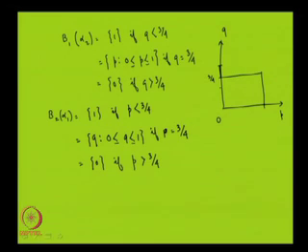So, let us suppose this is 3/4 value of P. Then if P is less than 3/4, Q is equal to 1. If P is equal to 3/4, Q can take any value, and if P is greater than 3/4, Q is equal to 0.